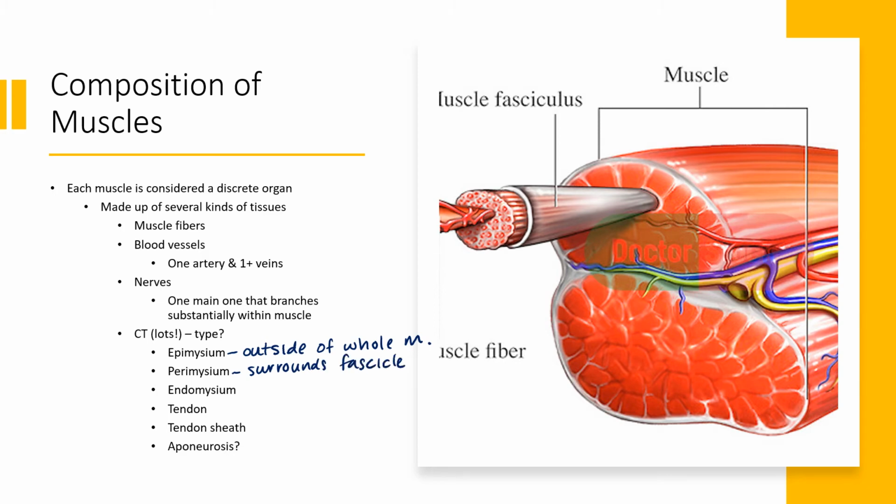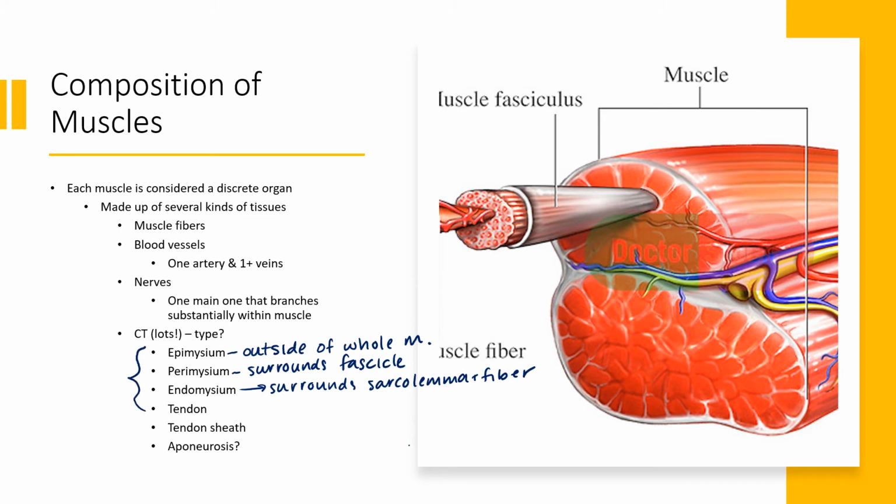Talk about that in a second. And endomysium surrounds the sarcolemma and fiber, muscle fiber. You also have tendons, a tendon sheath, and a special arrangement of tendony tissue called an aponeurosis.